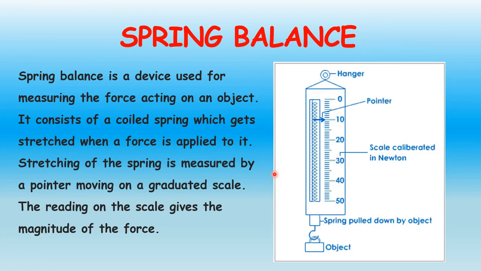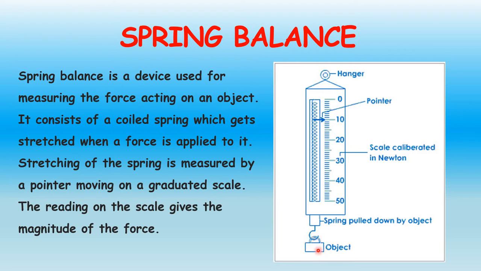Now, how do we measure force? I think all of you must be having a spring balance at home. Here there is a hook for the spring balance where we can hang it, and at the bottom also there is a hook where we can hang the object.